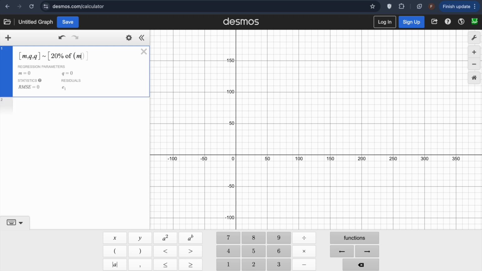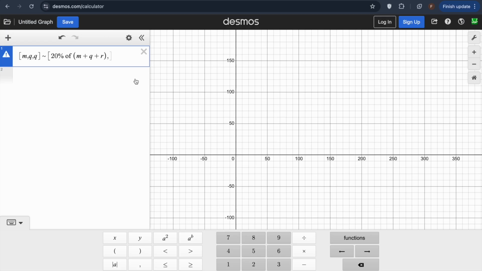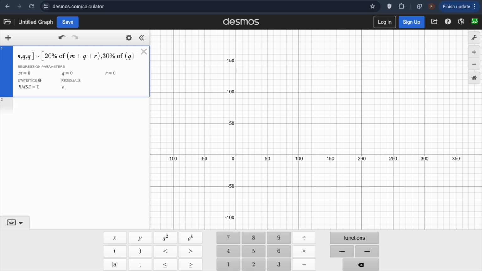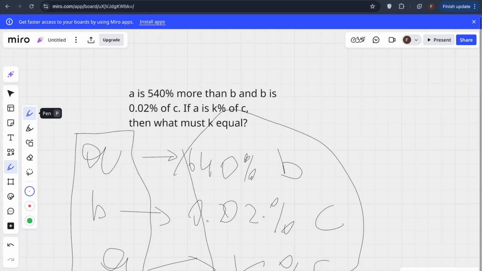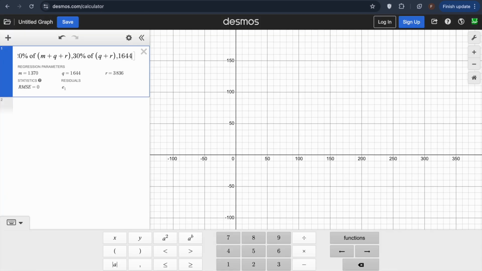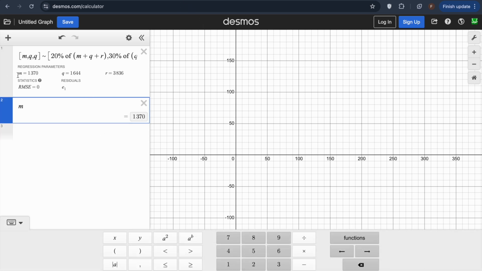Then our q must be equal to 30% of the sum of q plus r. Then again q must be equal to 6044. So 6044. And we needed to find m, and Desmos would automatically find our m. It would be 1370.